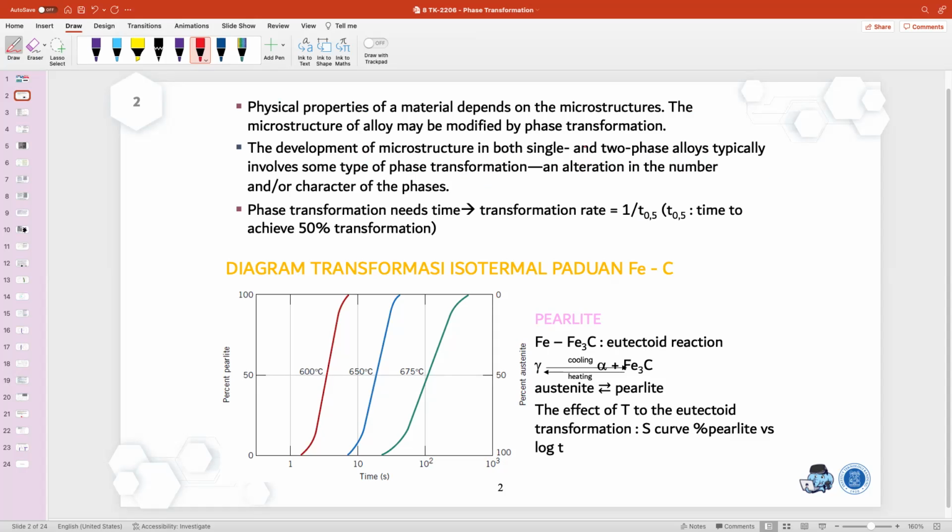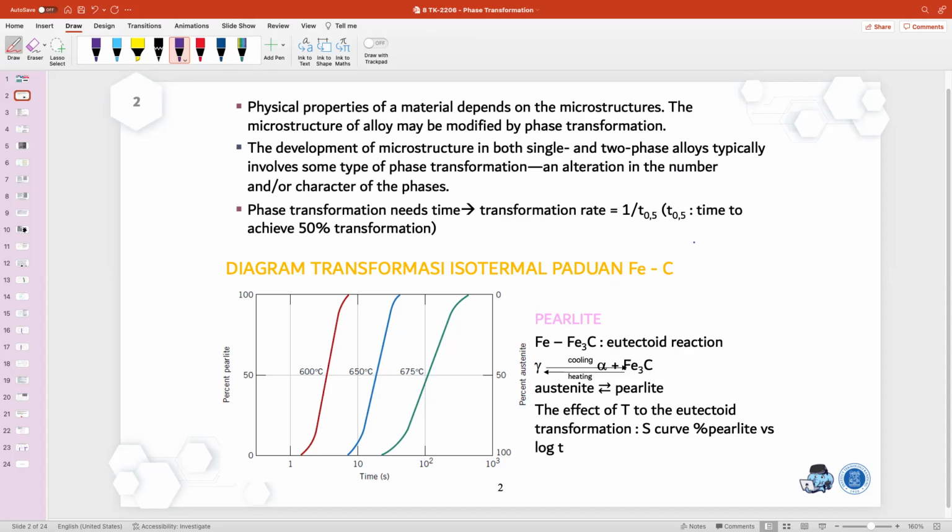It is just a measure, which is 1 over t 0.5, where t 0.5 is the time to achieve 50% transformation.